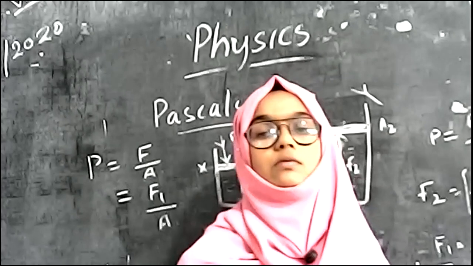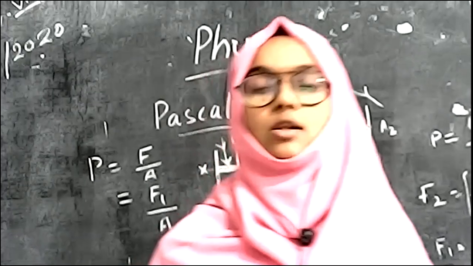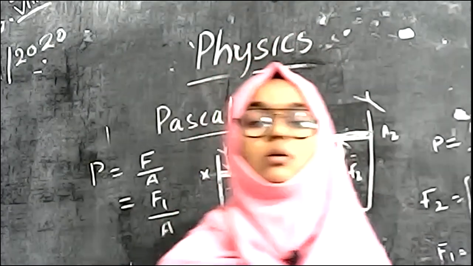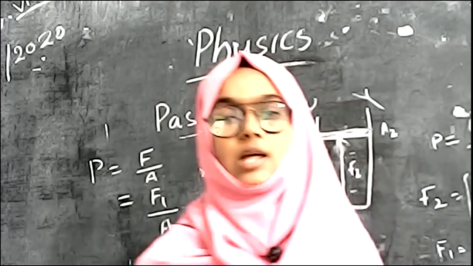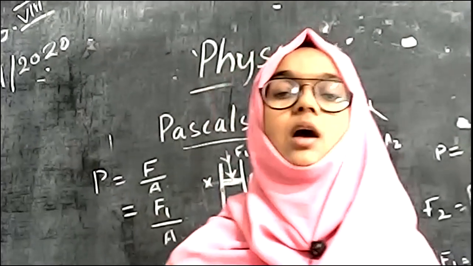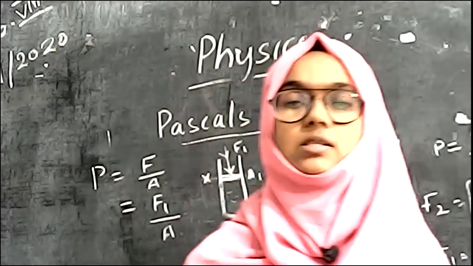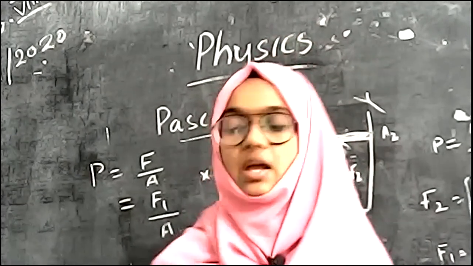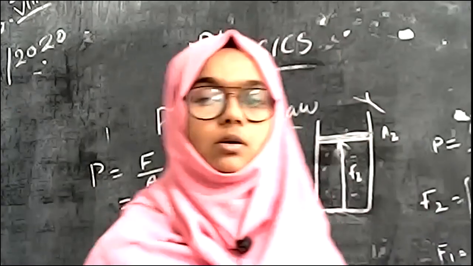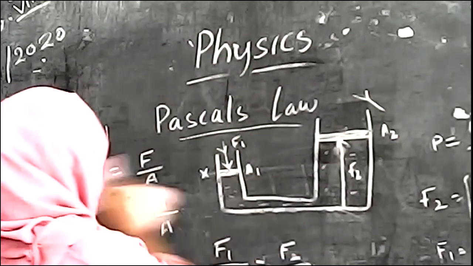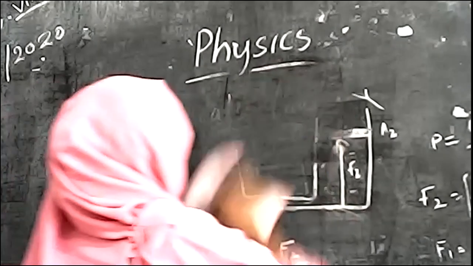Now we have found Pascal's law and how the hydraulic jack, hydraulic press and hydraulic brakes of vehicles work on the basis of Pascal's law. And we have to do a problem based on Pascal's law.